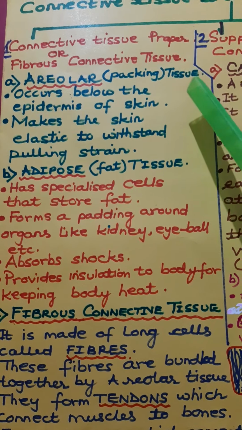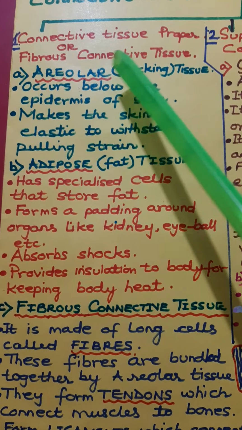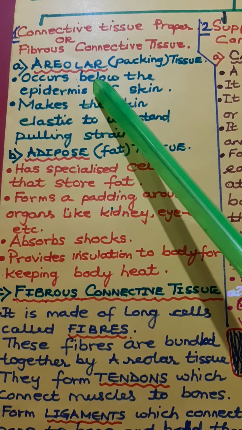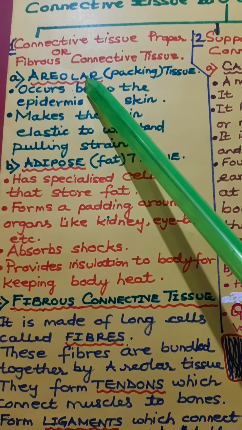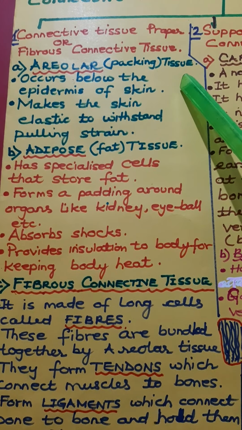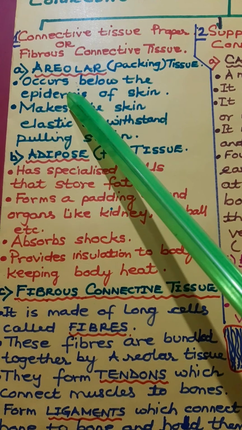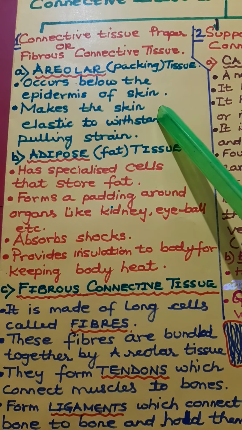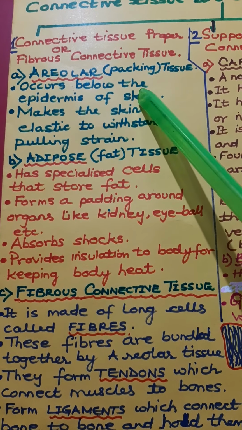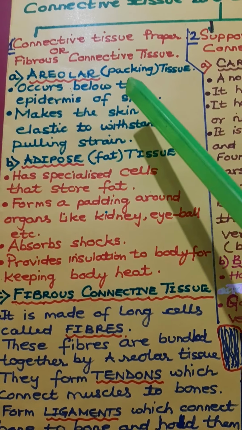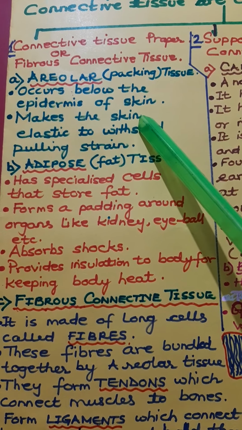Now, connective tissue proper, or the fibrous connective tissue. Under this comes a tissue which is known as the areolar tissue, or it's even called the packing tissue. It occurs below the epidermis of the skin, below the skin. And because of the presence of this tissue below the skin, it makes our skin elastic.